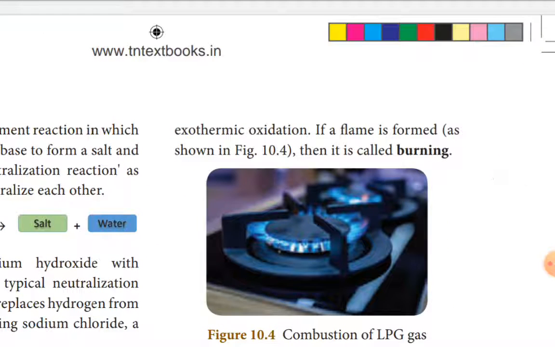A flame is formed, that is called burning. In the oxidation of rusting of iron, no flame is formed. And in digestion of food also we are not getting any flame, but we feel the hotness; the body temperature is maintained because of this slow combustion process.